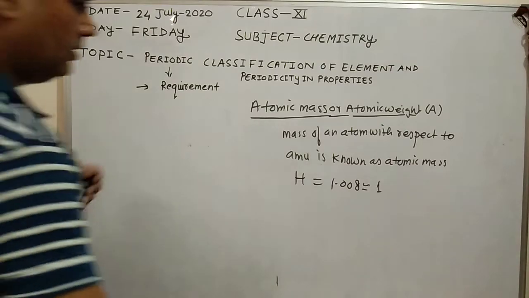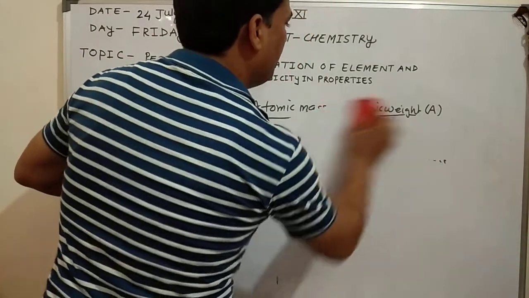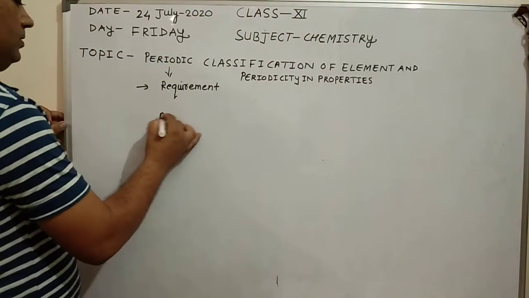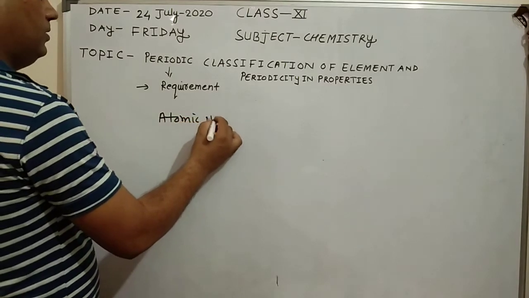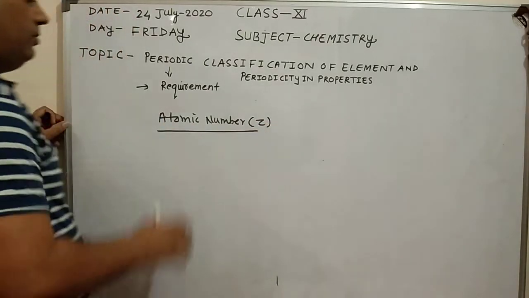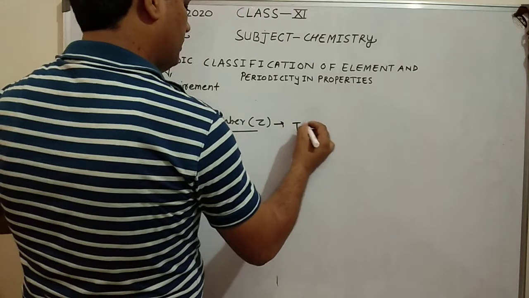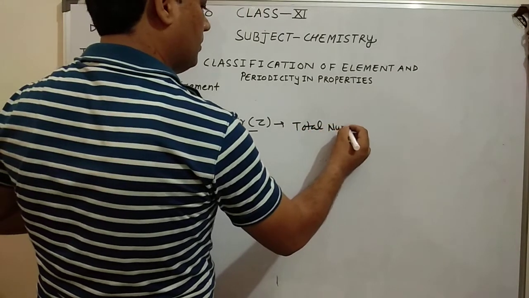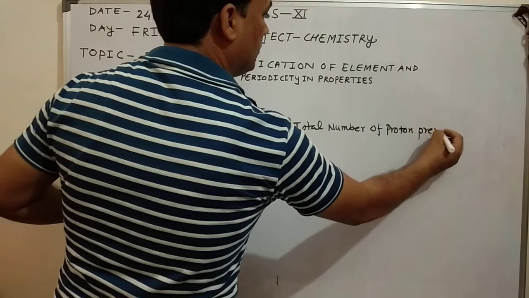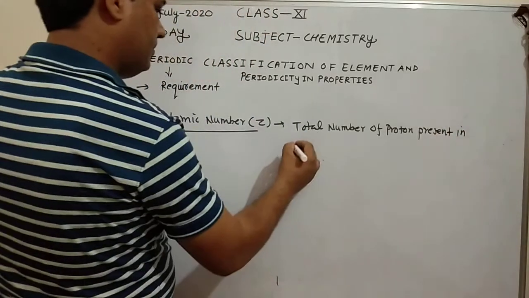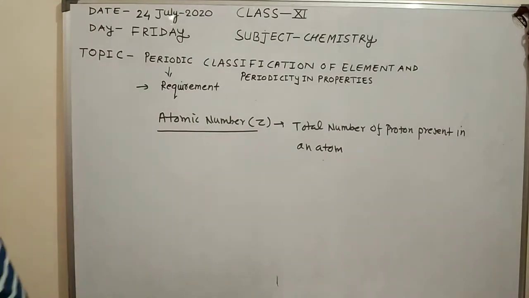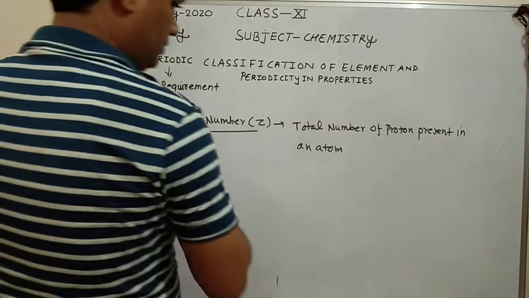This is atomic mass and atomic weight. Next one is atomic number. It is represented with Z. Total number of protons present in an atom is known as atomic number.